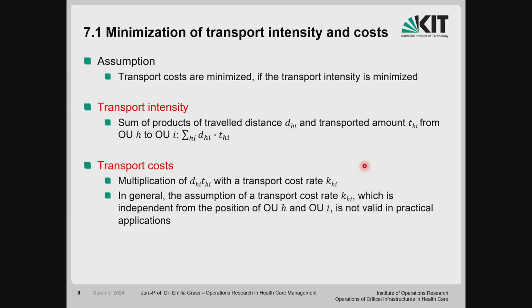Okay, so maybe the question why? So why do we differentiate between the cost rates? So why is it different if we go from A to B department or from C to D? Why could they include different costs? What could that be?